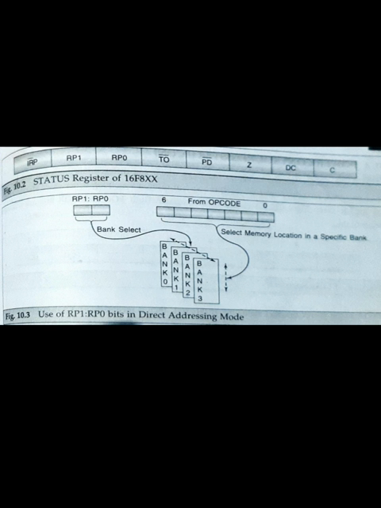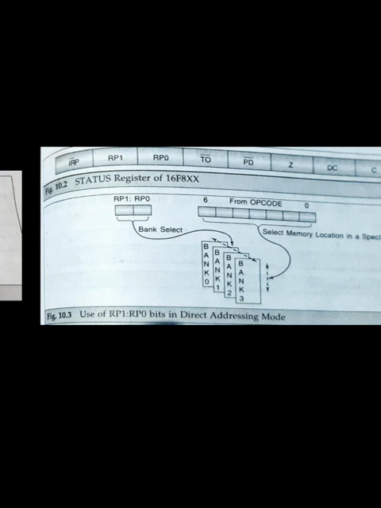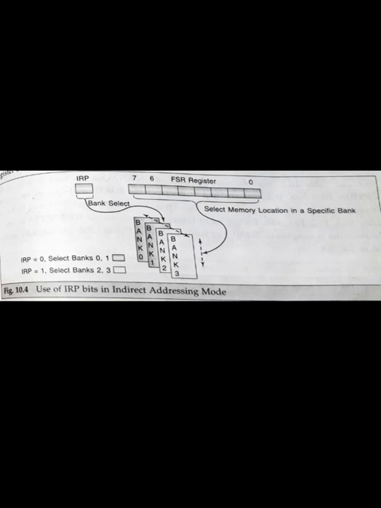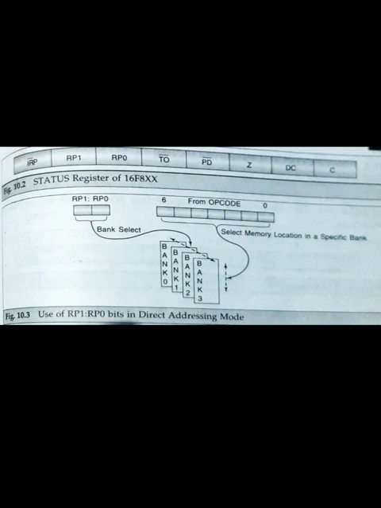Figure 10.3 shows the direct addressing mode, and figure 10.4 shows the indirect addressing mode. Those bits are readable and writable.